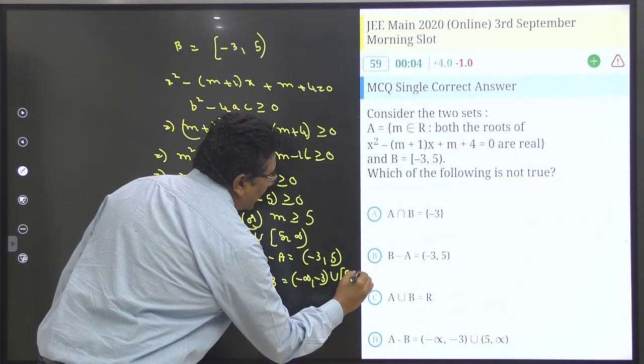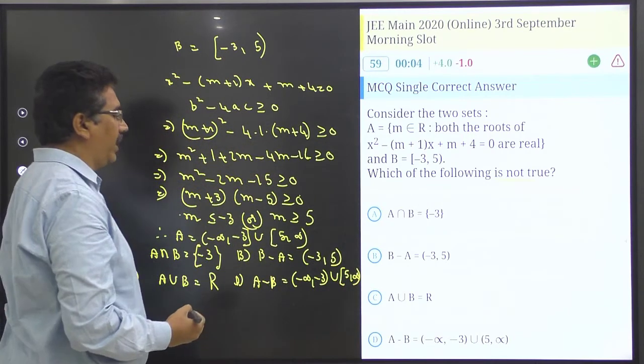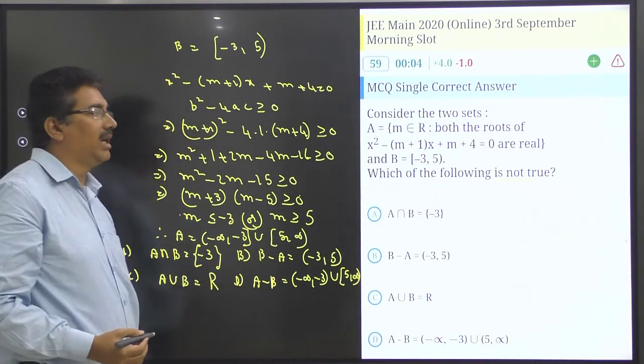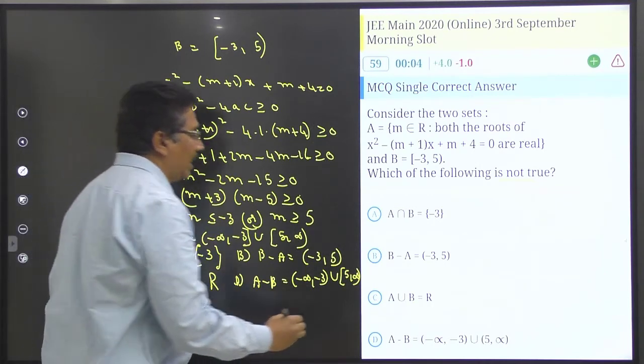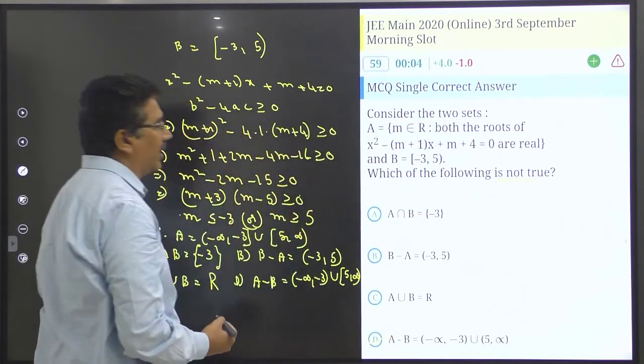This is A minus B. Therefore, option D is not true.